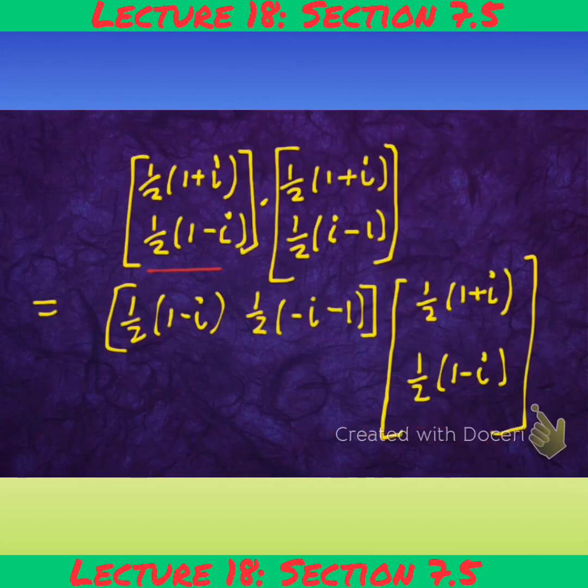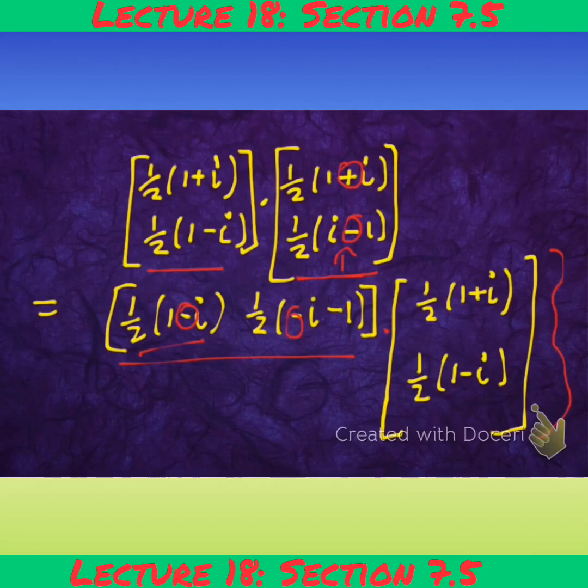Right, so let's take the dot of the first column with the second column. So that's the same as taking the conjugate of this transpose, which is this. Change the sign. And then dotting that with this vector here.